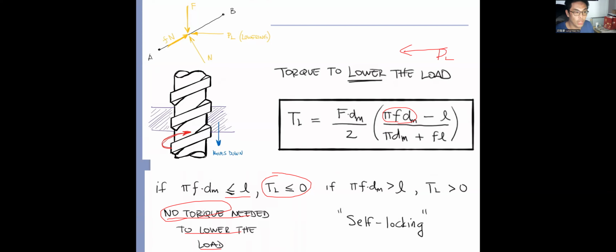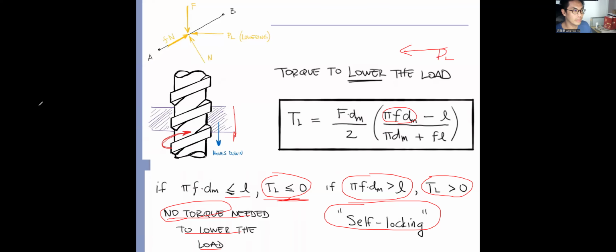In this case the nut is self-locking. When you let the nut go, without any force or torque applied to it, it will remain at that position and just stay there.